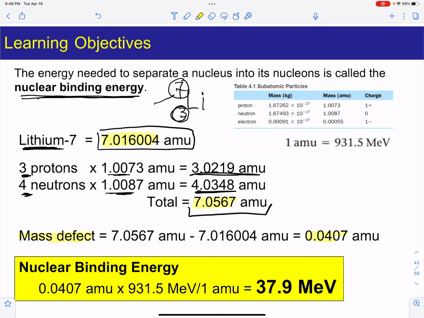For this, we like to measure energy in volt units, specifically in mega electronvolts. And we have 931.5 mega electronvolts for every atomic mass unit. So this is a conversion factor.